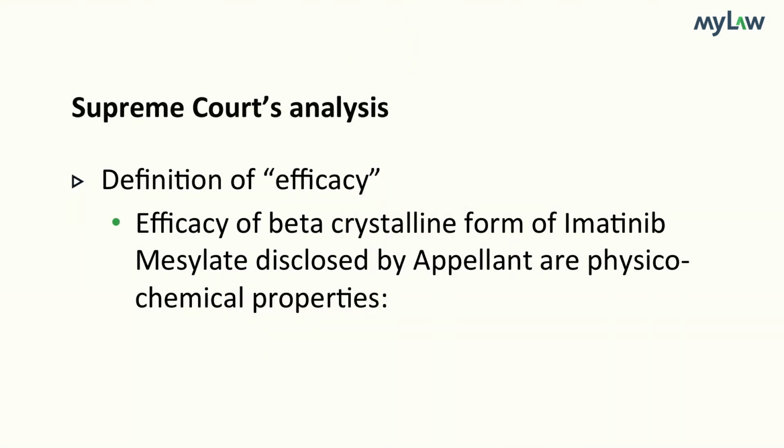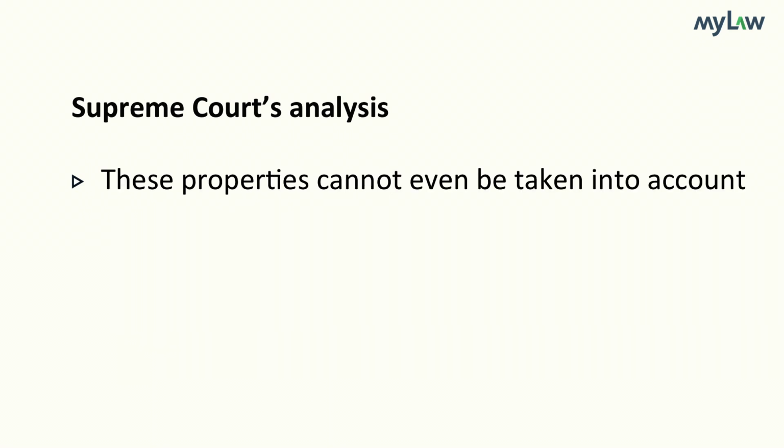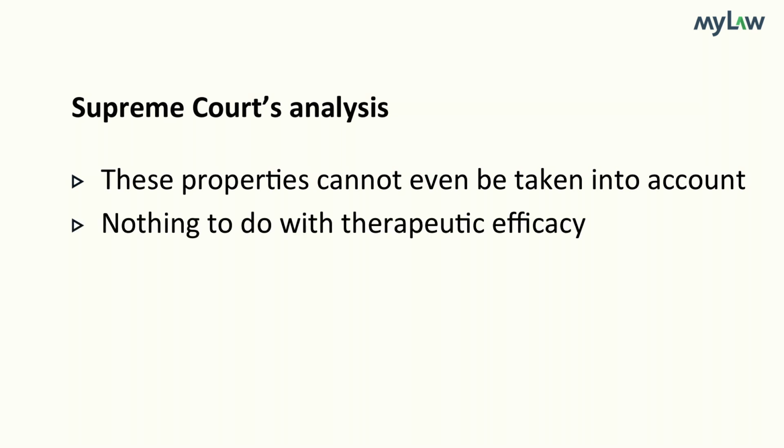Applying this to the facts of the case, the Supreme Court concluded that the physiochemical properties of beta crystalline form of imatinib mesylate, namely first, more beneficial flow properties, second, better thermodynamic stability, third, lower hygroscopicity, may be otherwise beneficial, but these properties cannot even be taken into account for the purpose of the test of Section 3D of the Patents Act, since these properties have nothing to do with therapeutic efficacy.